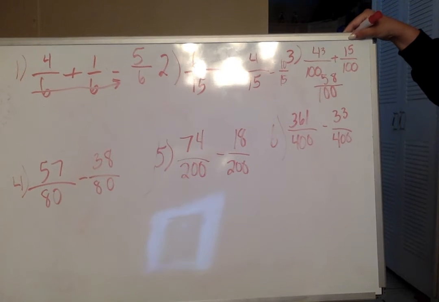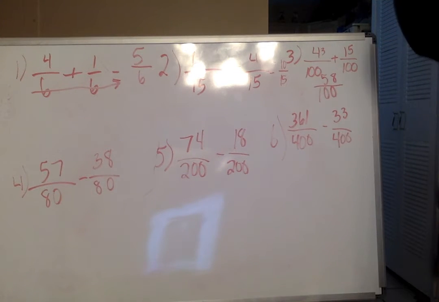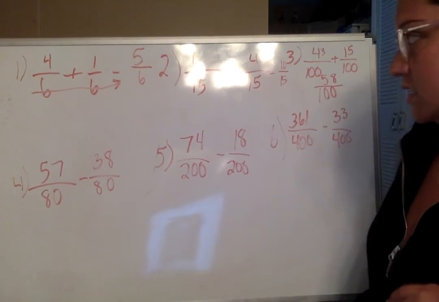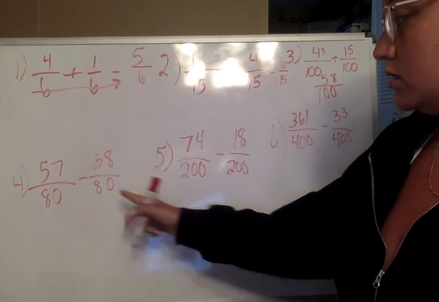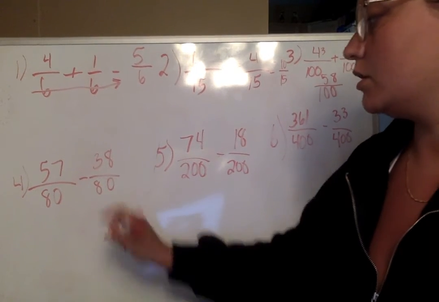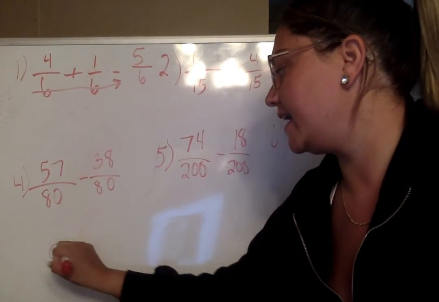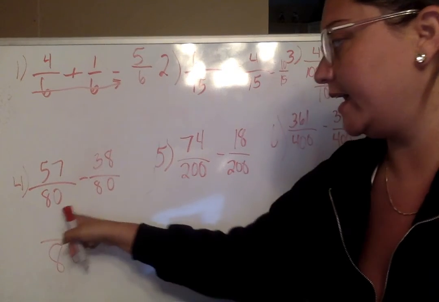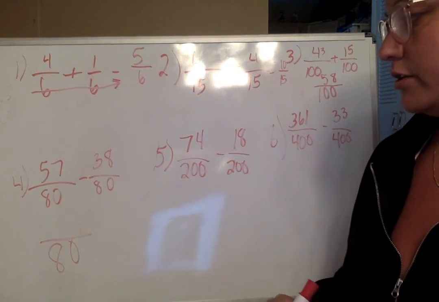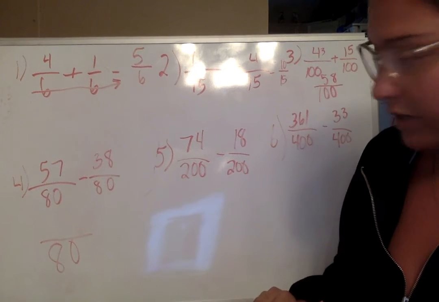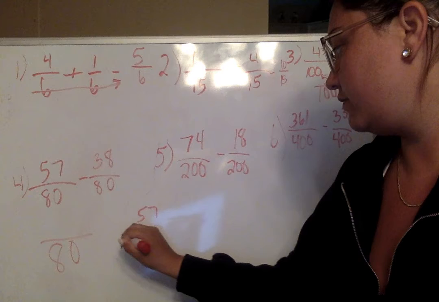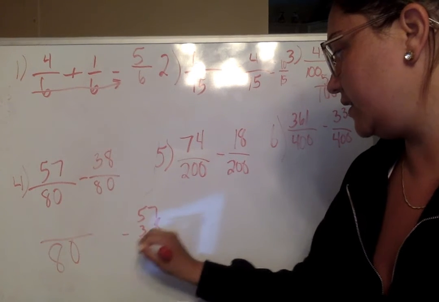Okay, good job. All right, now on to subtraction. The same thing goes with the same denominators. I'll write the answers underneath so we have a little more space. This one has a denominator of 80 because both are like denominators. Now we just have to do 57 minus 38. This problem requires some regrouping, so I'm going to work it out on the side. 57 minus 38.